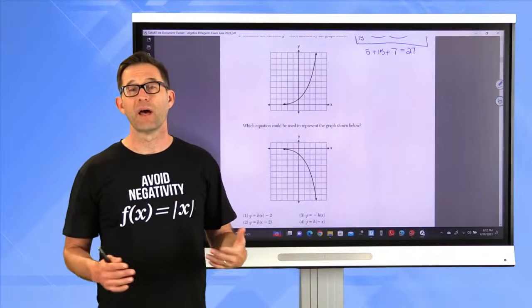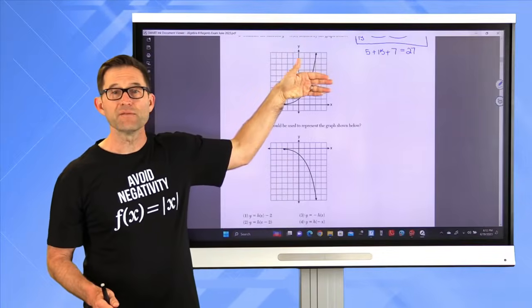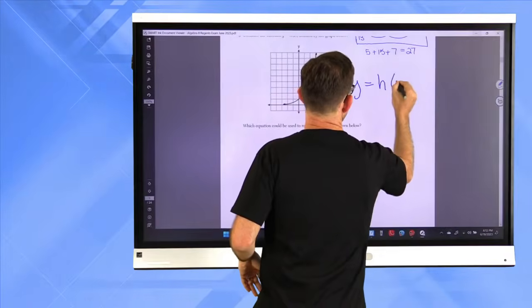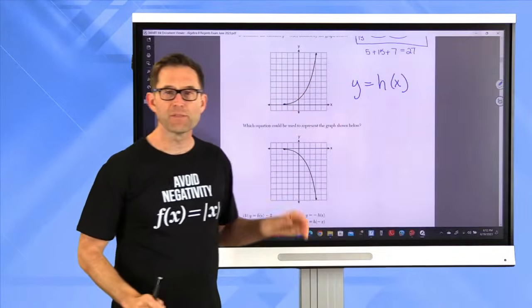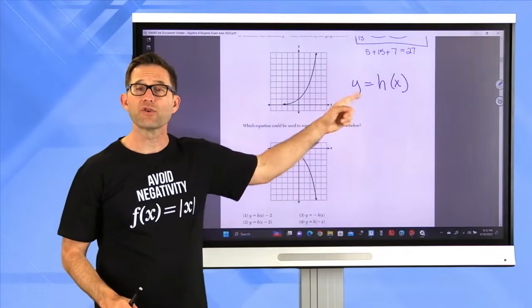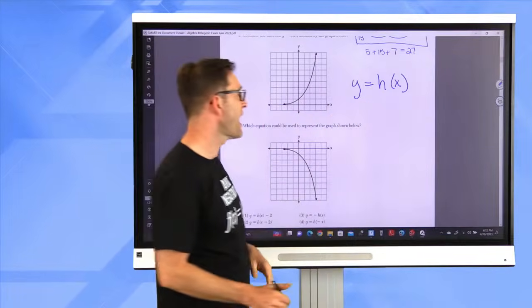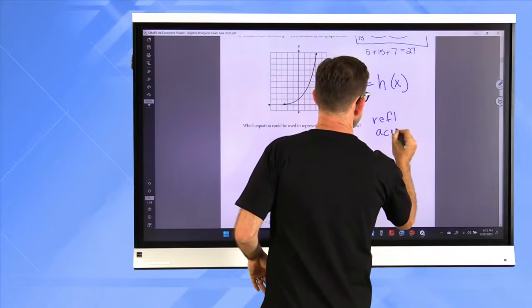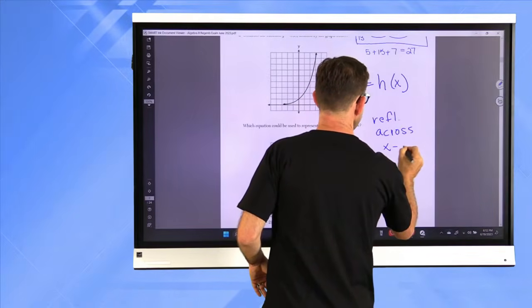Now, what I should be able to tell immediately is that if this is my original graph, and that's specifically y equals h of x, this particular graph is simply the reflection of this one across the x-axis. So it's a reflection across the x-axis.